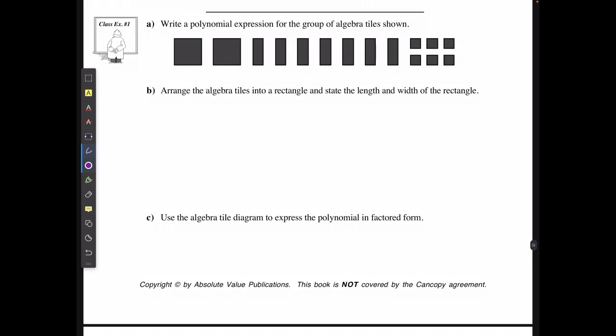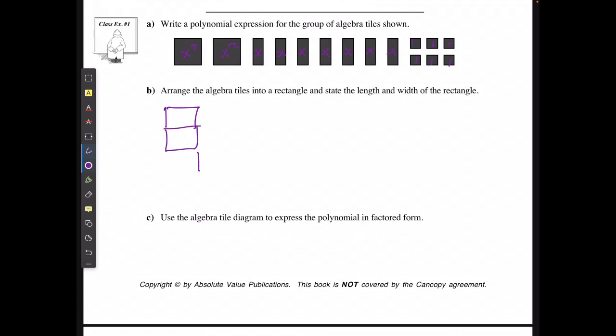Now, we all know how the algebra tiles work, where each one of the big ones is going to be an x squared, each one of the rectangles is going to be an x, and the small squares are just ones. In this case, I have 2 x squareds, 7 x's, and 6 individual ones.